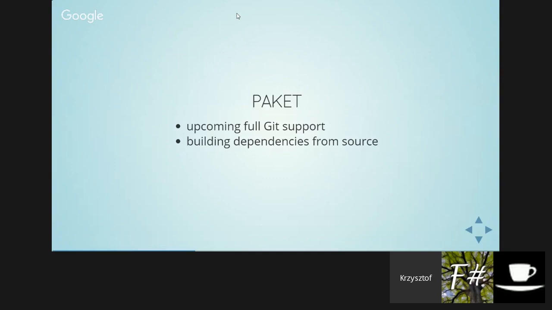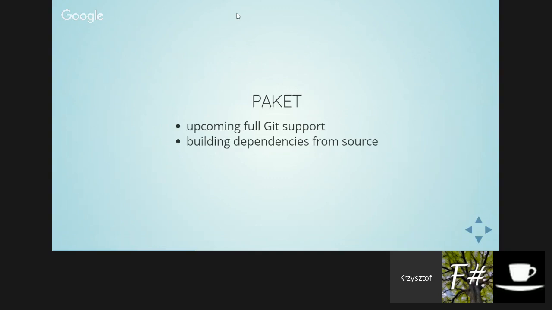Paket is a very actively developed project. Upcoming version 3 will provide support for the full Git protocol, so we will not be limited only to GitHub anymore, and it will allow users to build dependencies from source, which is really nice.